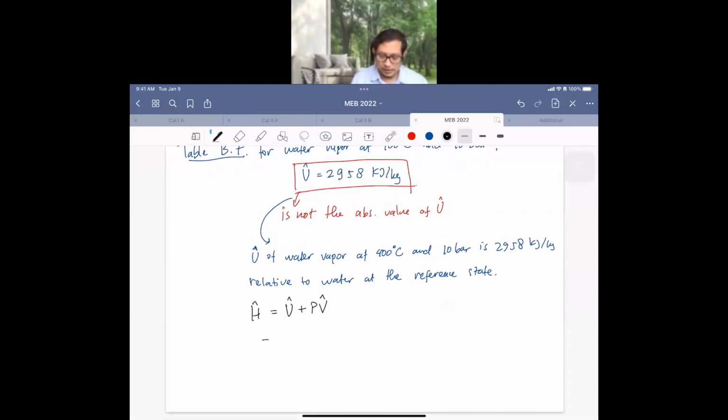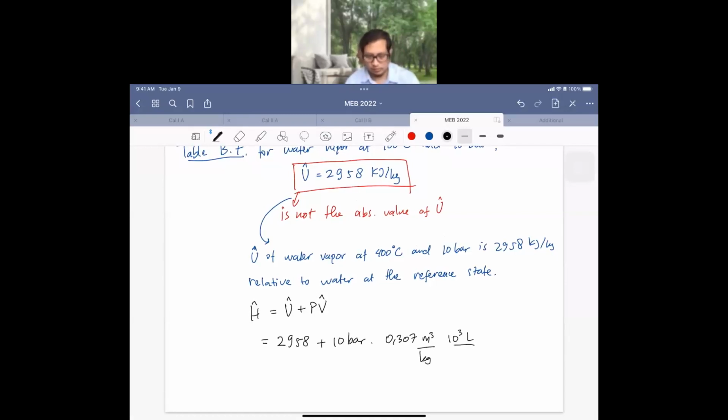In the calculation, we have a pressure of 10 bar, so we need some conversion, and then some value for the gas constant.